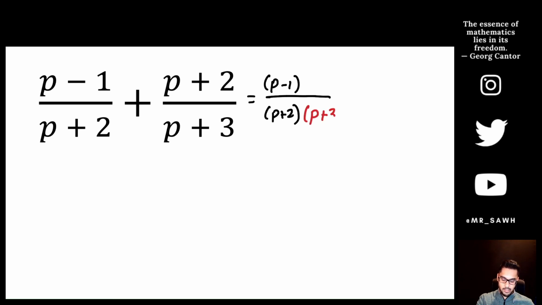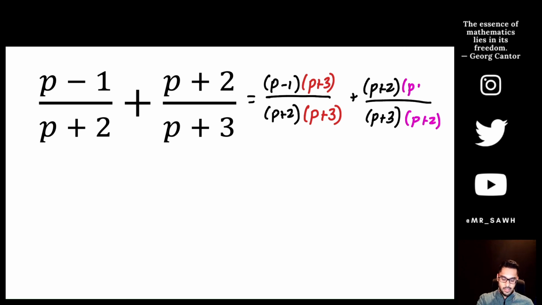So I'm going to multiply that first fraction by p plus 3, both numerator and denominator. I can do something similar with the second fraction: I've got a p plus 3 to begin with, so I'm going to multiply the second fraction by whatever the denominator of the first one was, so p plus 2. And that's going to give me the common denominator that I need.